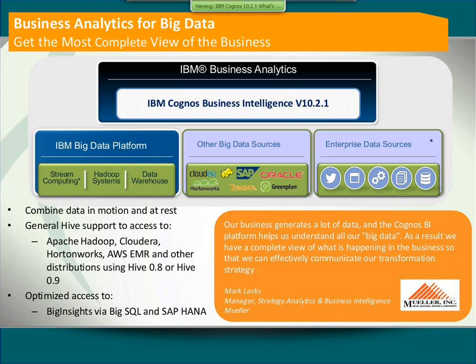So what we're finding is businesses that include both have a much better vision of what is not only going on today, what's happened in the past, but what's going on in the future. So they can do more of a predictive approach to their business as opposed to a reactive approach.